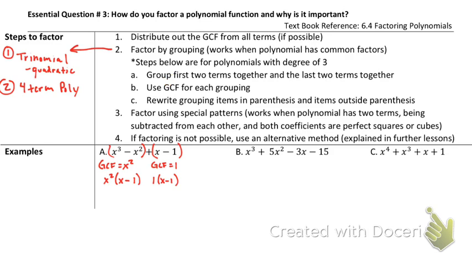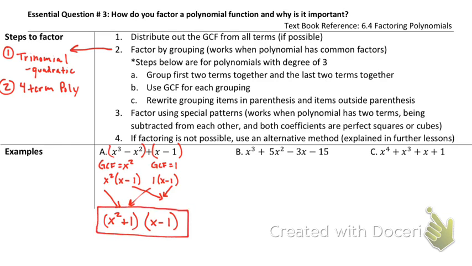So essentially we're doing this. We're going to take our GCFs, and they go into 1 parentheses, so that's a positive 1. And then we're going to take our factors that we got after we divided out, and they become 1 parentheses themselves. And we are completely done, and this is how you do factor by grouping.